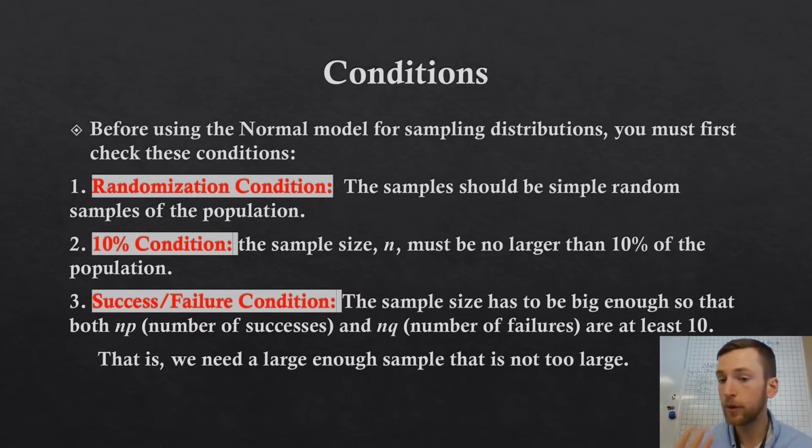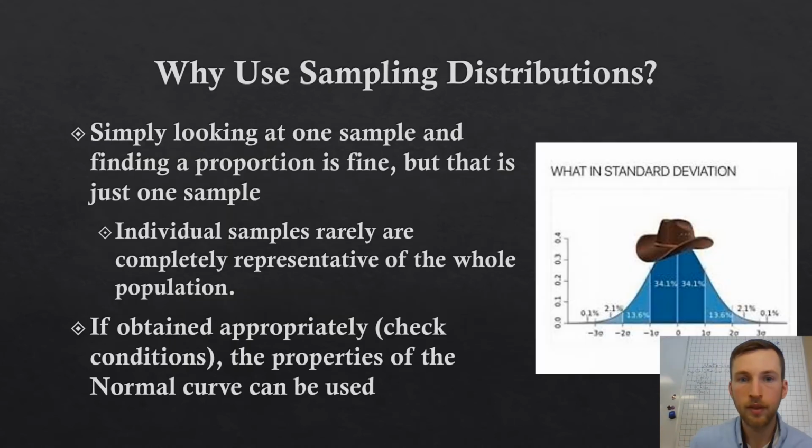So in our example about exercising, we need at least 10 people in each sample that exercise regularly, and then we need at least 10 people who don't exercise regularly, okay? So if these three conditions check, we can use all of the properties of the normal curve.